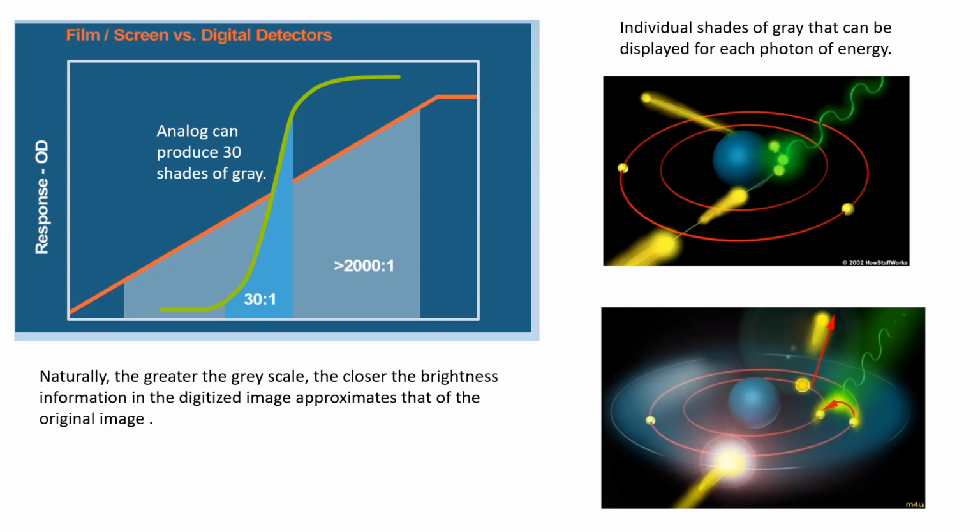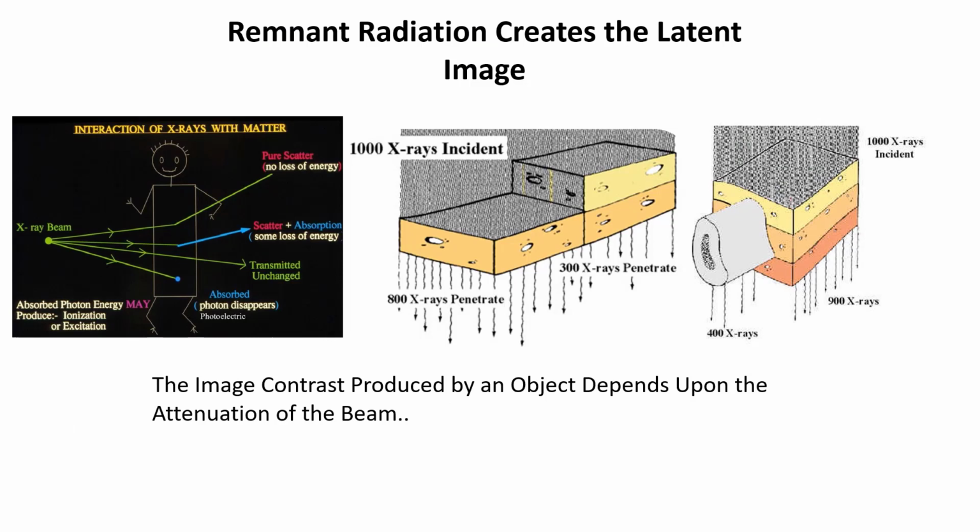We have the photoelectric effect, we have Raman, and we have scatter radiation that is being recorded. The contrast in an image is produced by the objects and the attenuation of the X-ray or ionizing radiation that is interacting with the tissue. The operator of the modality creates the ionizing radiation parameters that are used in the exposure.